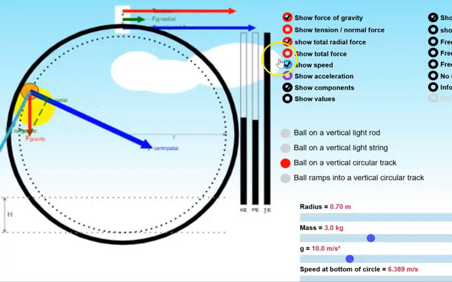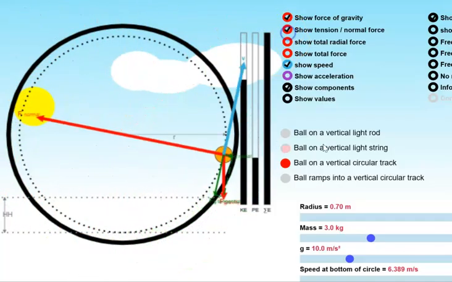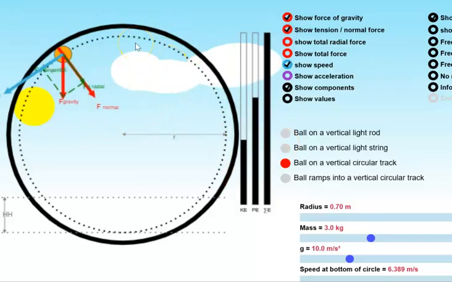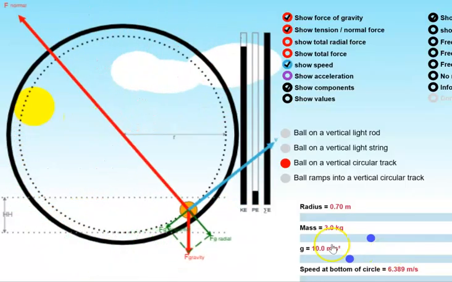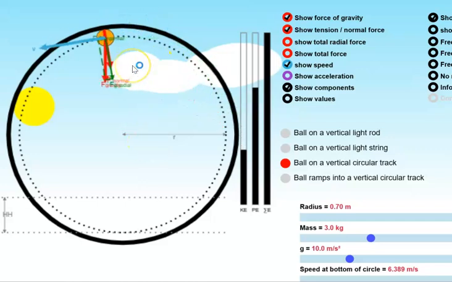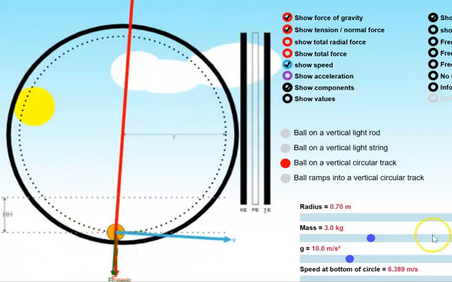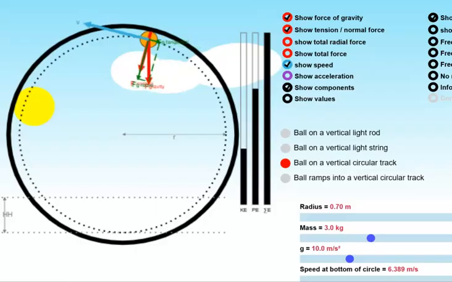Even with the gravity acting, you can see there's plenty of reaction. That red arrow is plenty of reaction, still plenty there. If it goes too slow, then that red arrow, that reaction force, goes to zero. Once it goes to zero, you've lost your circular motion.